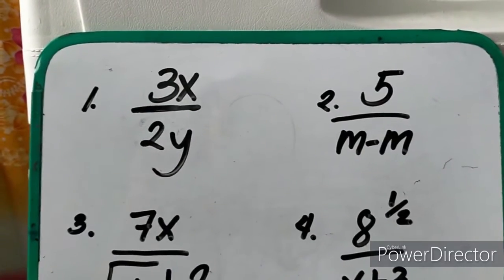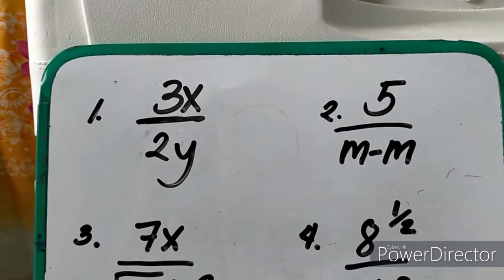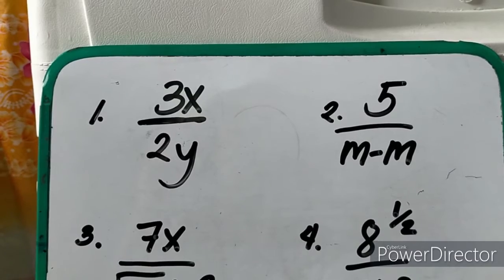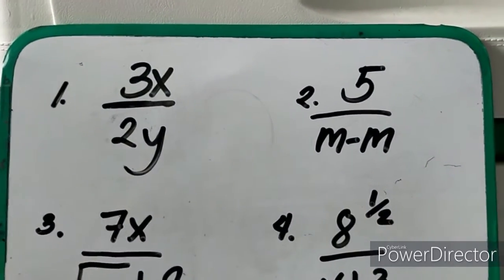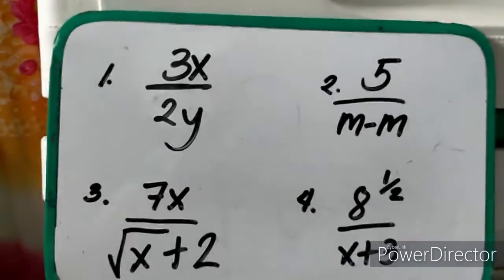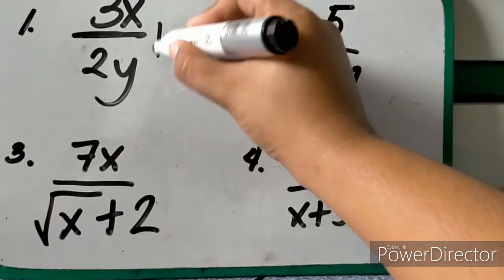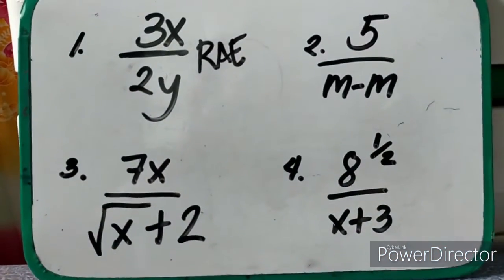Yes. Pangatlo, wala daw exponent, walang radical. Correct. Number 1 is a RAE or rational algebraic expression. So this is RAE.